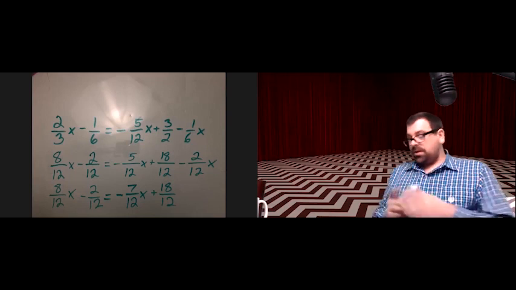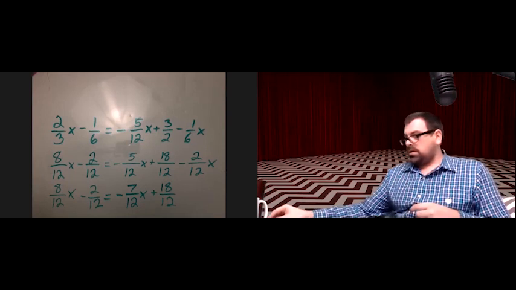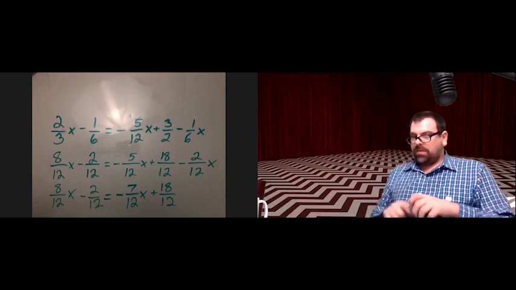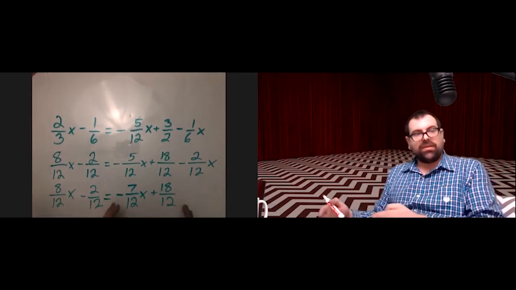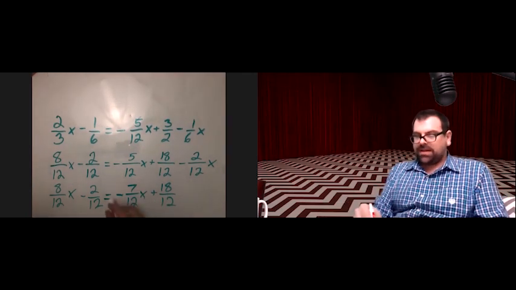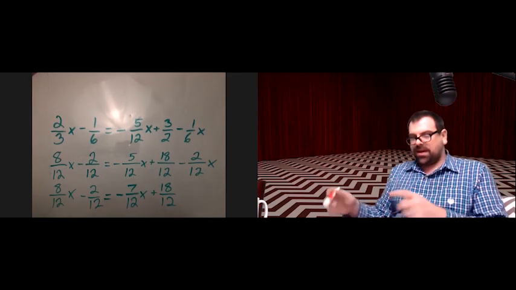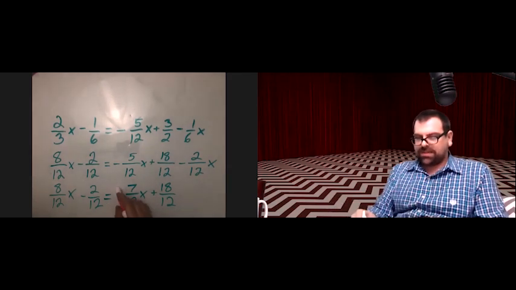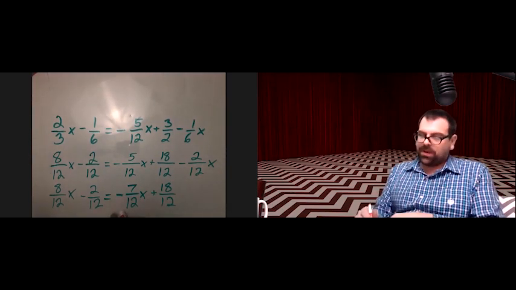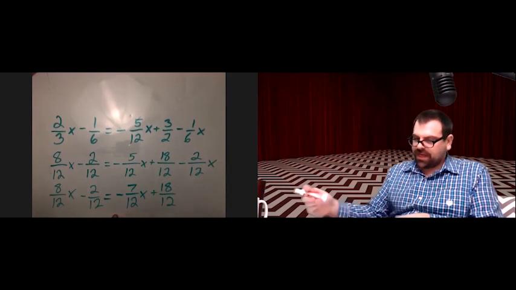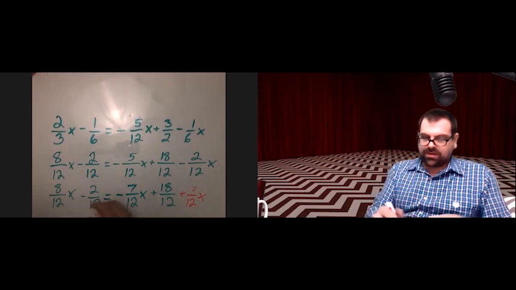Now, from here, I'm going to move any X terms I have to this side by getting rid of them. Here we have a minus 7/12 X plus, so it's either being added or subtracted. Right now it's being subtracted because of the minus. We will undo it by adding 7/12 X to both sides.